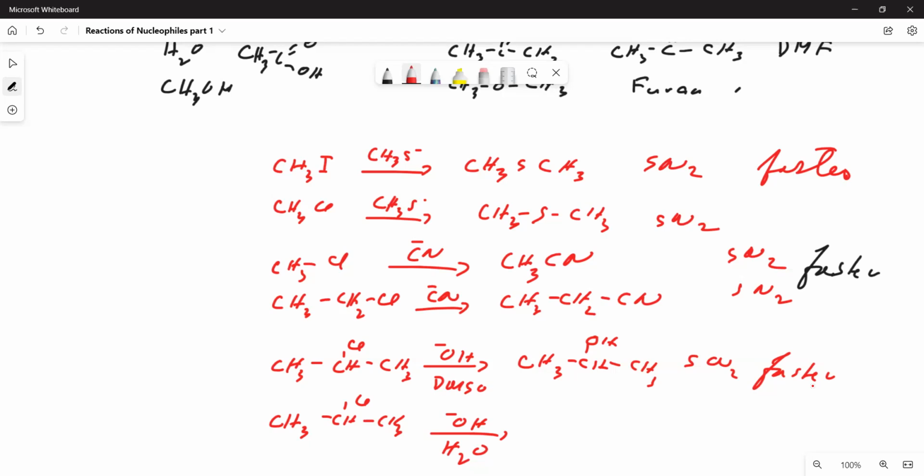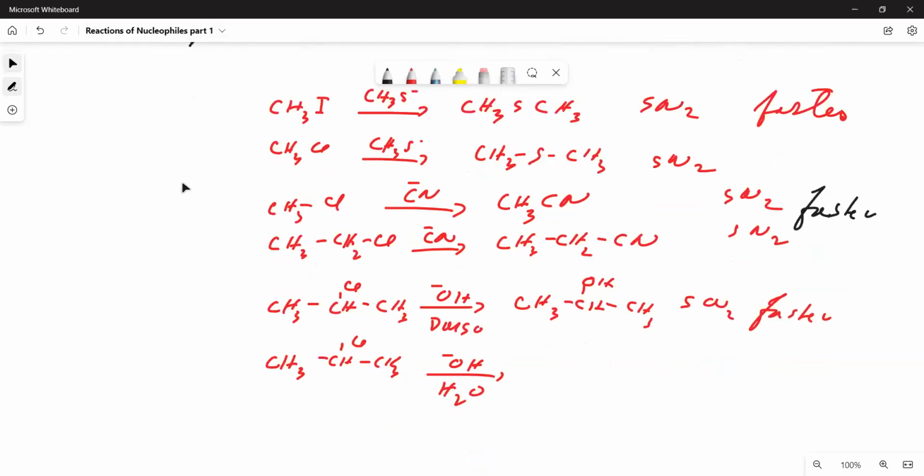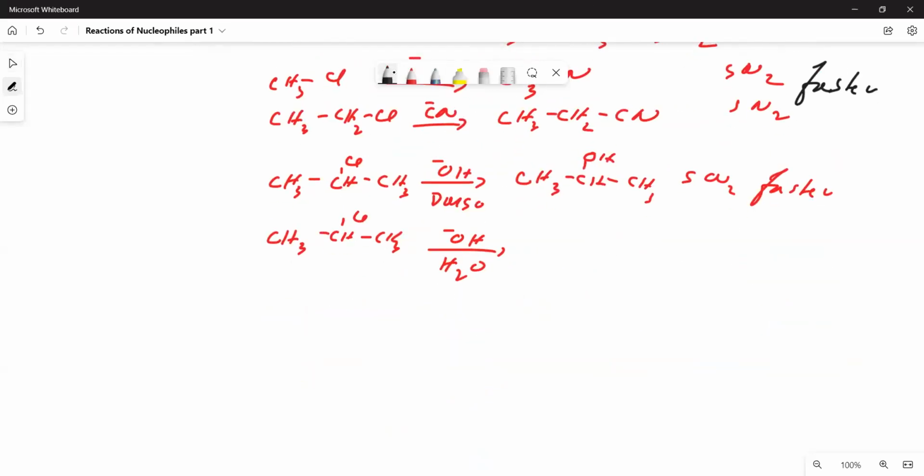So you have the nature of the leaving group, the structure of the alkyl halide, and we also have the solvent effect. How about the strength of the nucleophile? If you have, for example, methyl bromide, and you react this with hydroxide in aqueous medium, and methoxide in aqueous medium, they have the same nucleophilic centers.